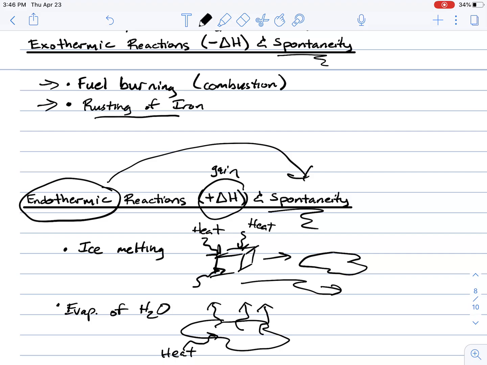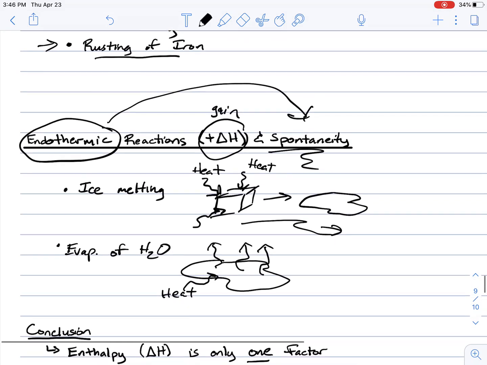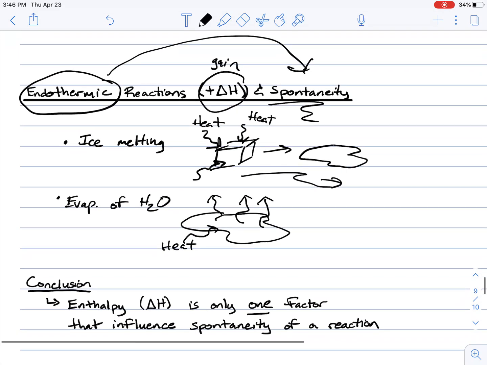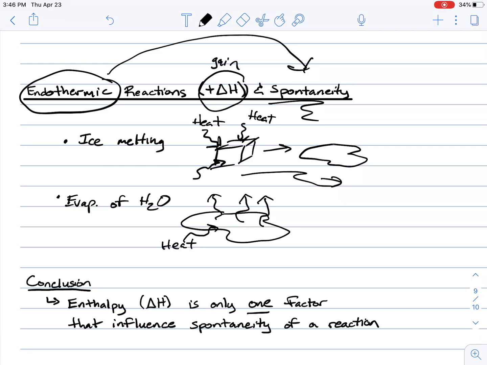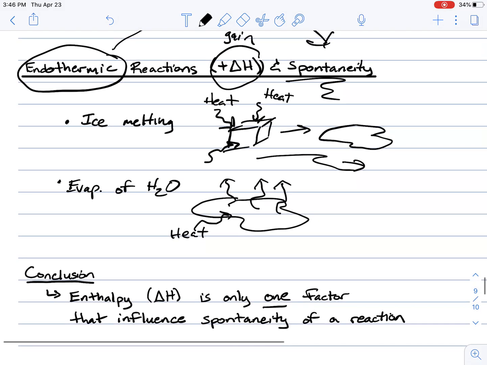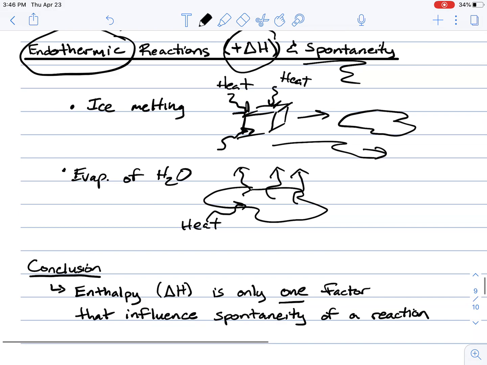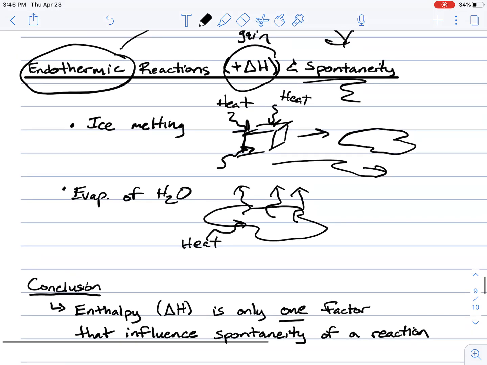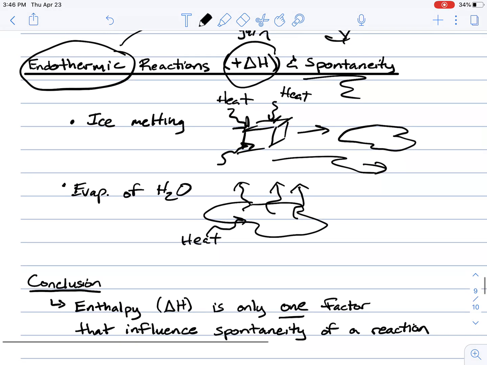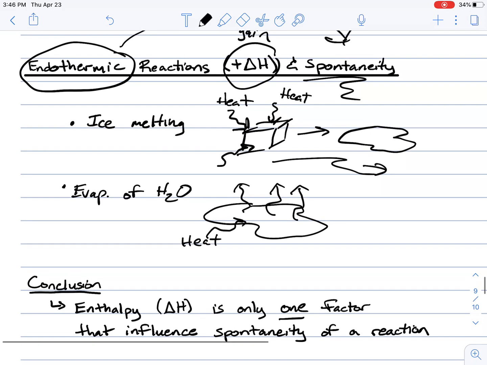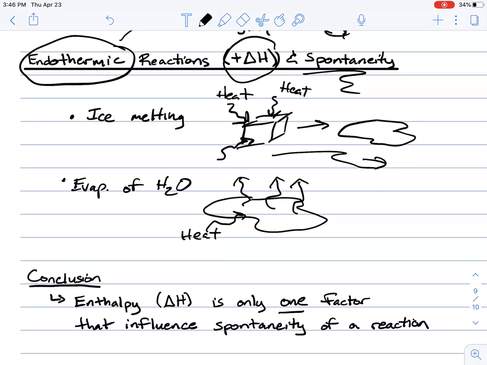Overall, this tells us that enthalpy is only one factor that can influence the spontaneity of a chemical reaction. Maybe it's not exclusively the release of heat or the gain of heat that dictates whether or not a reaction is spontaneous or non-spontaneous.